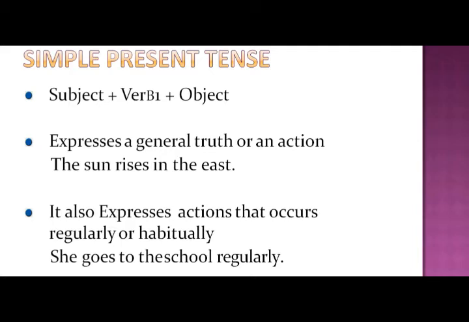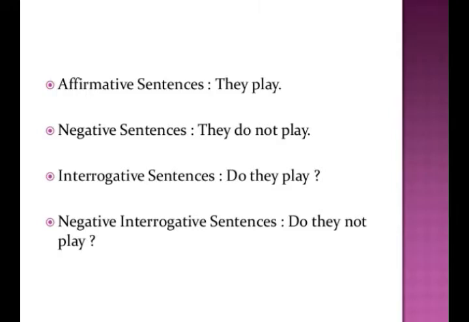Okay. Now move to the affirmative, negative, interrogative and negative interrogative sentences in the present tense. Okay. The first one is affirmative. Affirmative sentences means positive sentences. For example, they play. Here, they is the subject while play is the first form of verb.